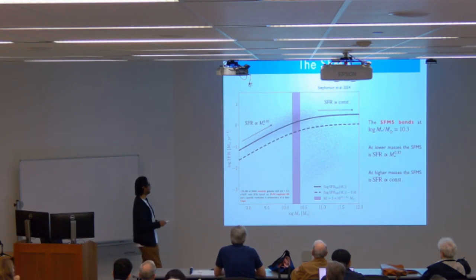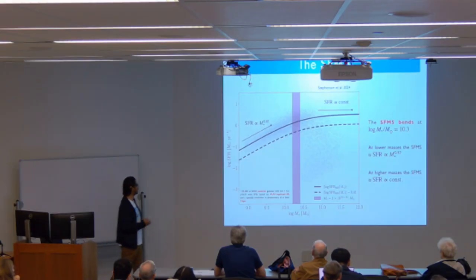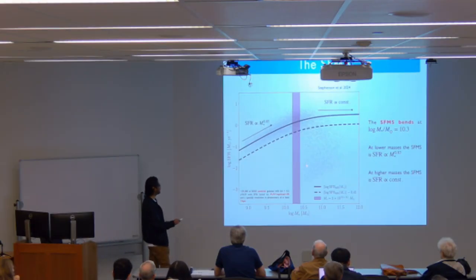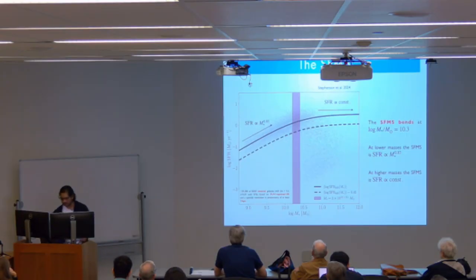It goes as the 0.5 power. But above that mass, the star formation rate is constant with mass. So there are these two regimes, and we are talking only about the star-forming main sequence, where you need to separate the galaxies.